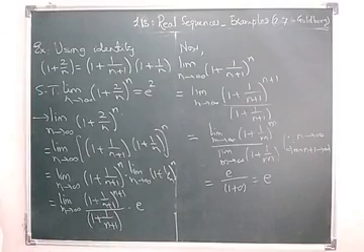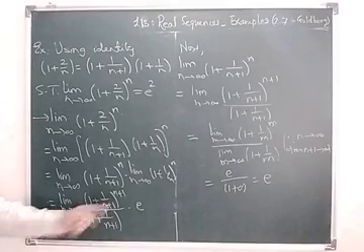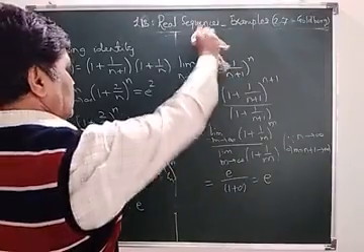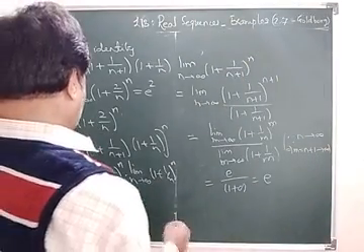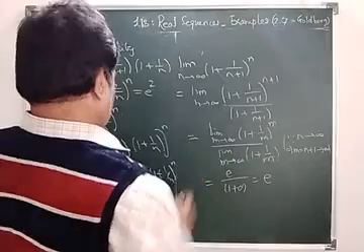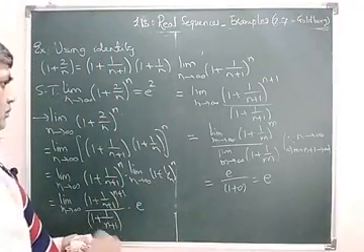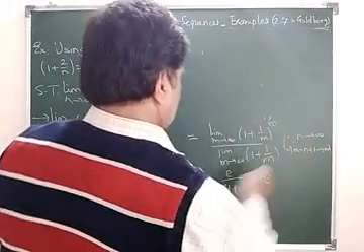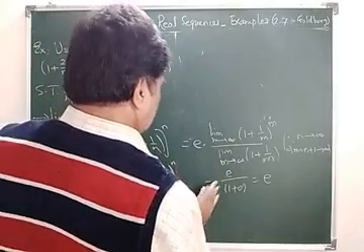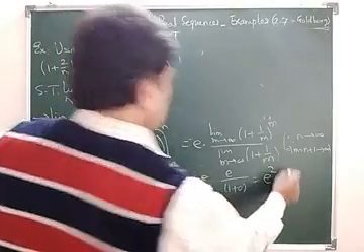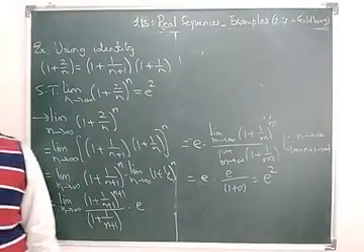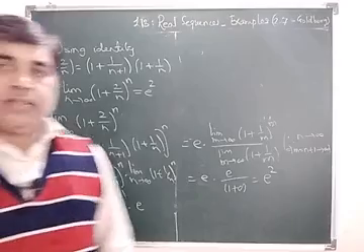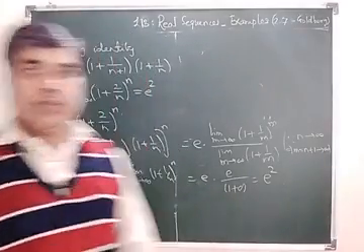And then again, as n goes to infinity, n plus 1 goes to infinity, by this one, it is equal to e into e square. Is it clear? So in this way, just by using simple adjustment, we can easily prove that its limit is e square. Is it clear?